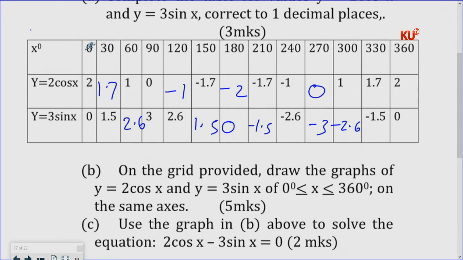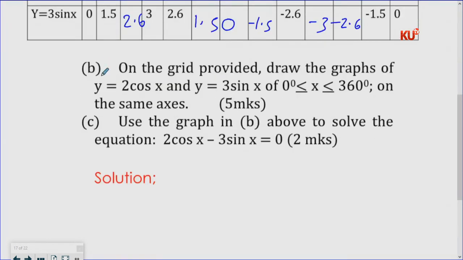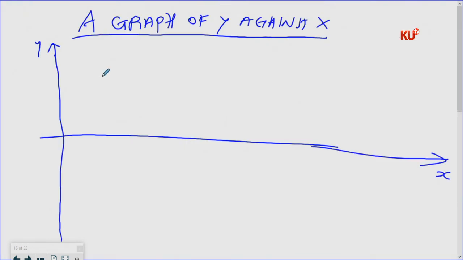So let's have 1 centimeter to represent 30 degrees. So I can have 30 degrees, 60 degrees, 90 degrees, 120 degrees, 150, 180, 210, that is 240. We are adding 30, that is our scale.